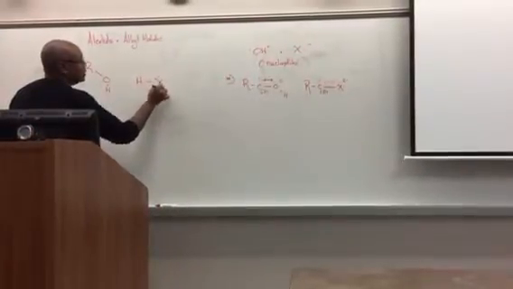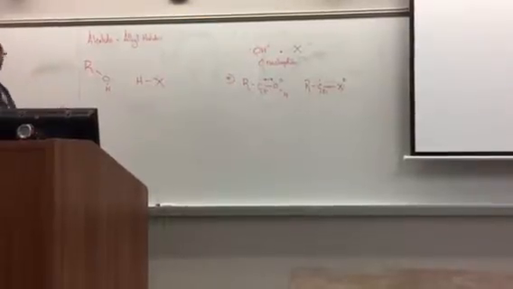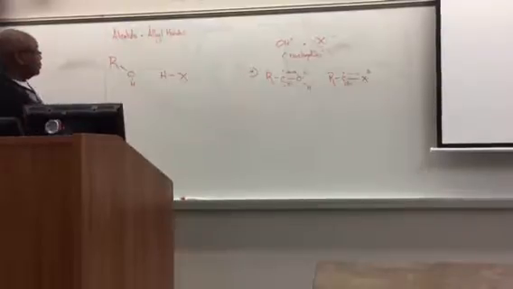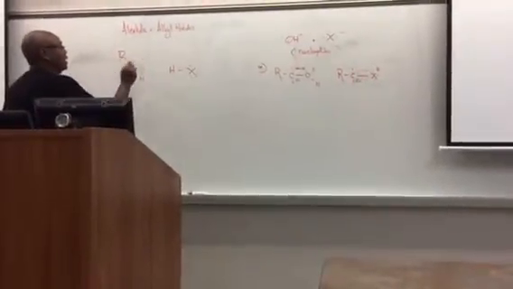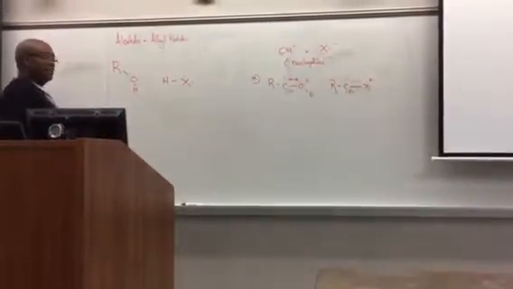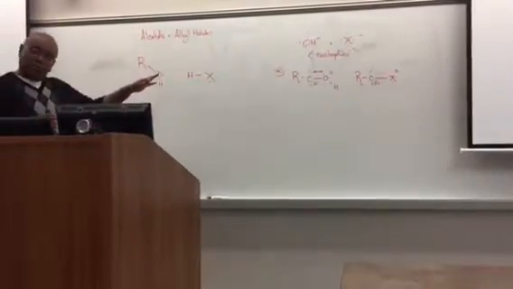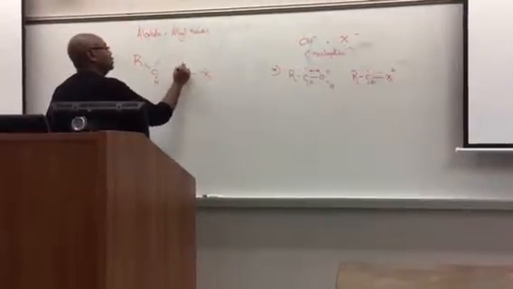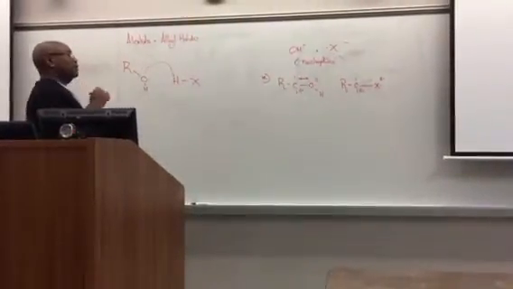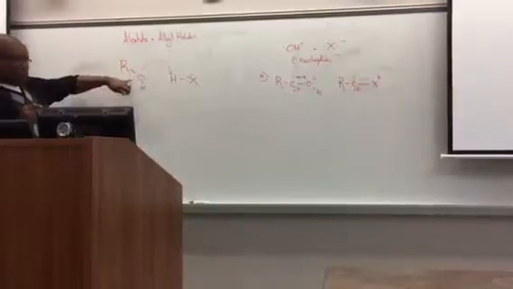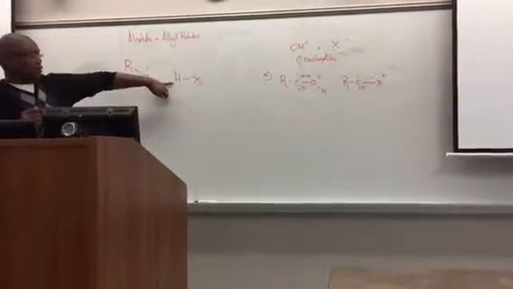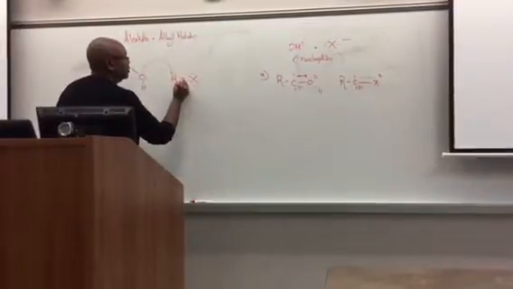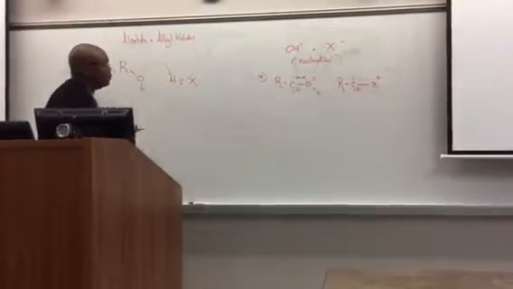Since the hydrogen is going to be somewhat positively charged, or electrophilic, and the oxygen within the hydroxyl group is going to be nucleophilic, we say that you get nucleophilic attack. In other words, the oxygen from the hydroxyl is going to extract a proton from the hydrogen halide, thereby breaking the polar covalent bond.